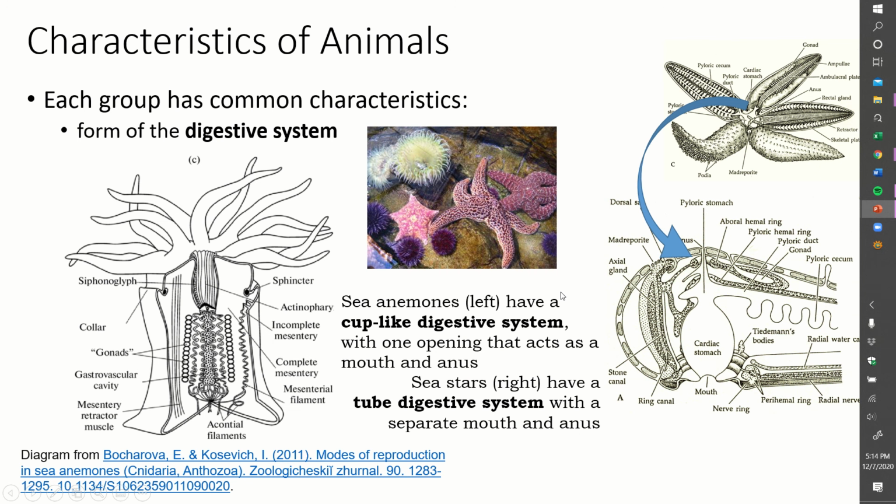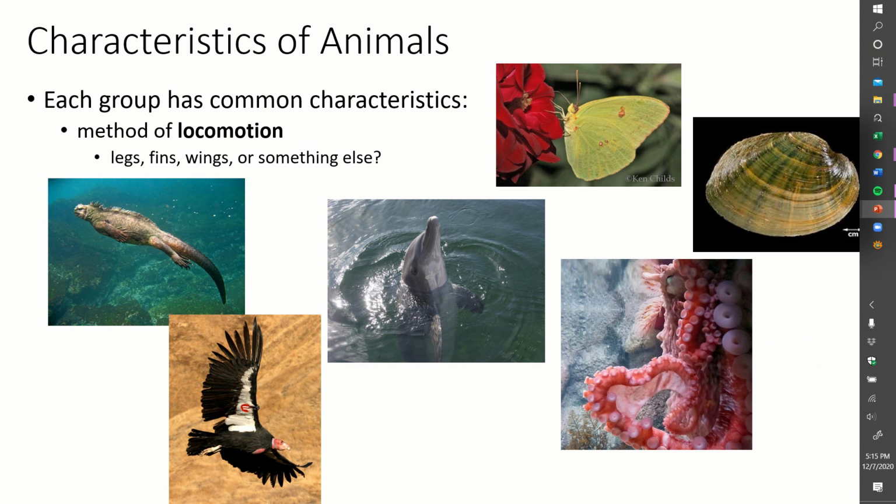The more complex digestive system is a tube. Even a sea star, these things here, has a tube-like digestive system where the mouth is on the bottom. The food comes into a stomach, it gets digested, and then the anus is on the top of the body. Okay, you have a mouth at one end and an anus by your tail. So you have a tube digestive system.